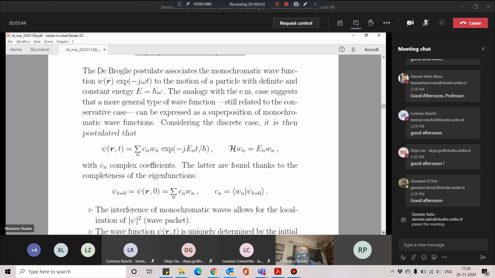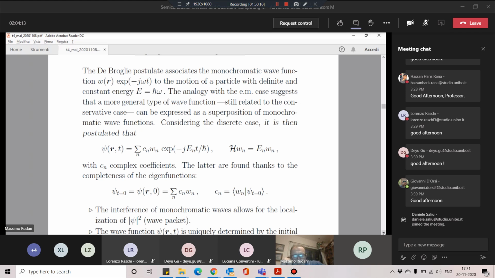If we know by any means, for instance, because we have taken a measurement, the information sufficient to calculate these scalar products, we know the wave function in full at every time, because we calculate the coefficients of the expansion and then we calculate the general expansion at every time.